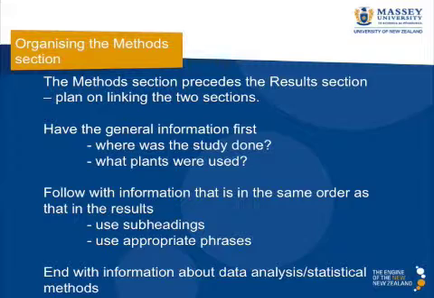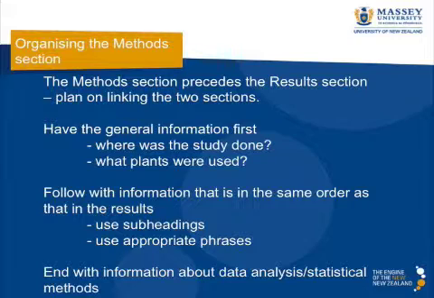So you put the general information first, and again, given that a lot of you are in biology, where was the experiment done? Well, it was probably done in Thailand. Where in Thailand? Well, it was probably done in Thonburi, and it was on a particular soil type. What plants were used? Well, they were mangoes, and they were spaced at certain spacings, and they received regular fertilizer and spray chemical treatment, and so on.